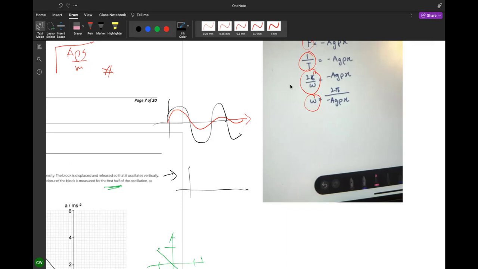What does amplitude represent? Anyone know? Anyone know about this? Nobody know.